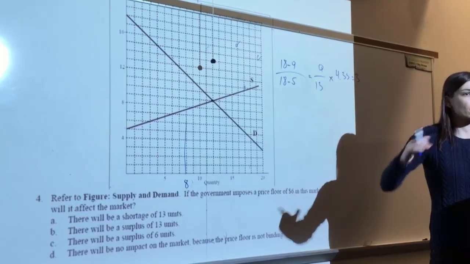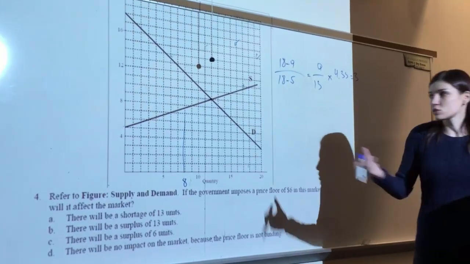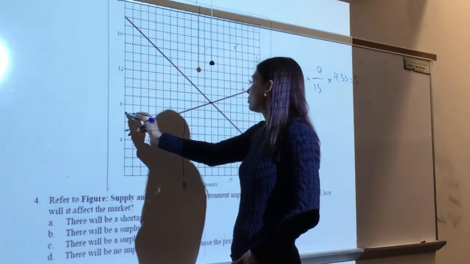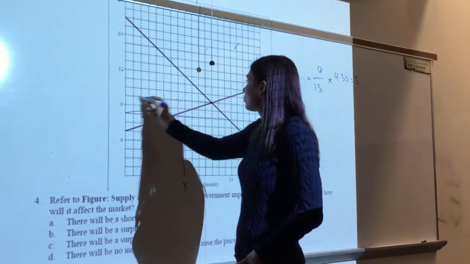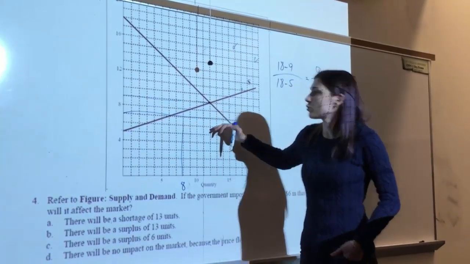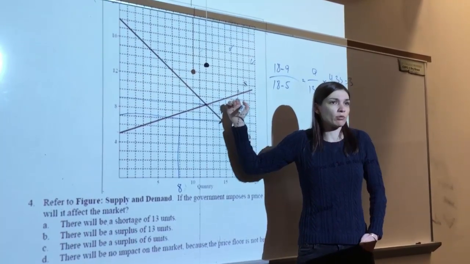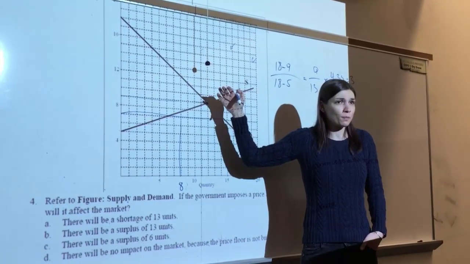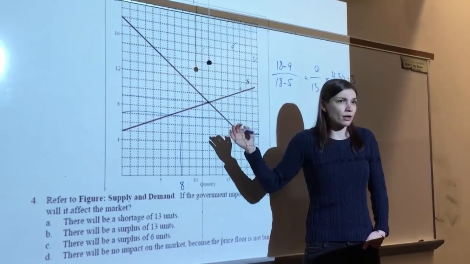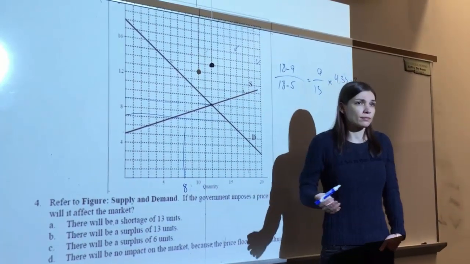There's nothing that is really going to change in this market, because the price floor is right here and this is the equilibrium. So it's saying you cannot sell for less than 6, but you really don't want to. This market already has an equilibrium price that is above the price floor, so there's really no effect because this is not a binding floor.